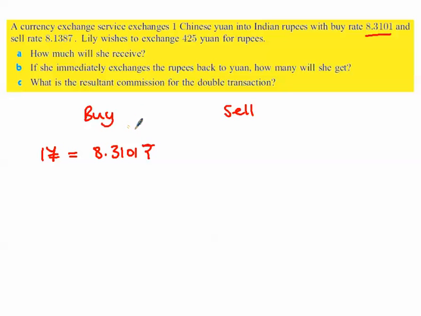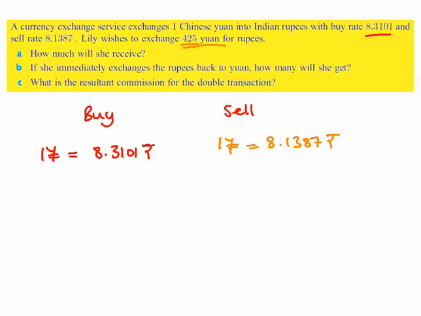And at the same place, this is the sell rate: 1 Chinese yuan gets you 8.1387 Indian rupees.